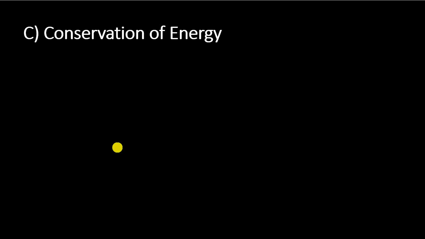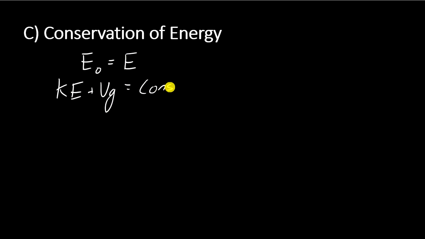This is the last thing we're going over. We know by conservation of energy, the initial energy should equal the final energy. That's the basics. Well, normally we would do KE plus UG, and since it's always equaling the same amount, it would equal some constant. But now, slight change.